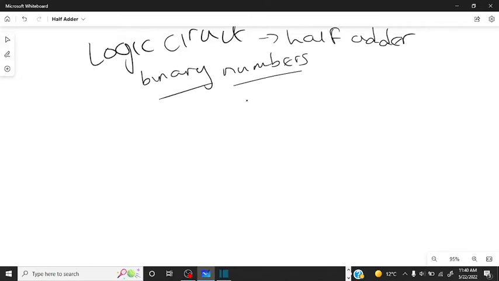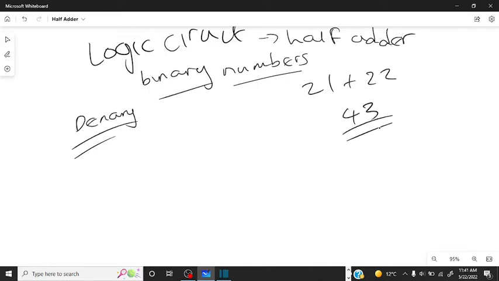When adding binary numbers, it's similar to how we add denary numbers. All you need to do is make sure the numbers don't go into another number system. For example, when you add 21 plus 22, the result should always be in the denary system, and this is just 43. Same for binary numbers.